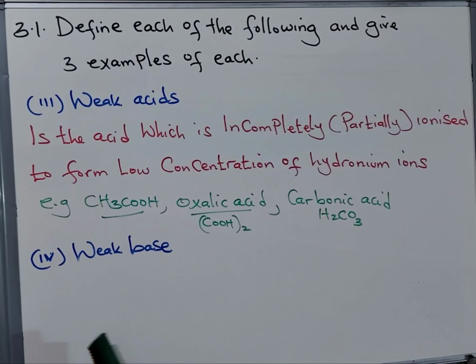Then you come to this one, weak base. What is a weak base? A weak base is the base which is incompletely or partially dissociated or ionized to form low concentration of hydroxide ions.